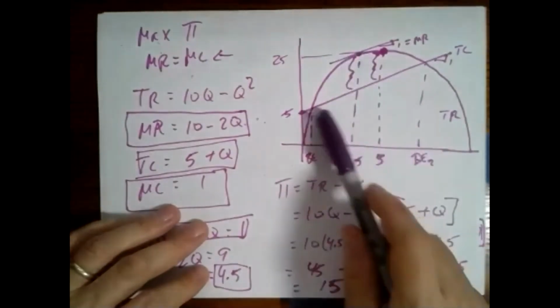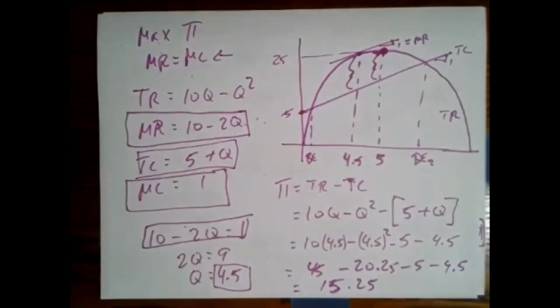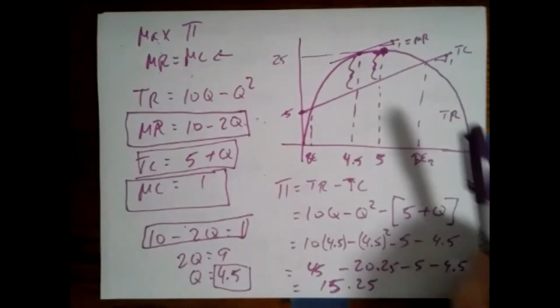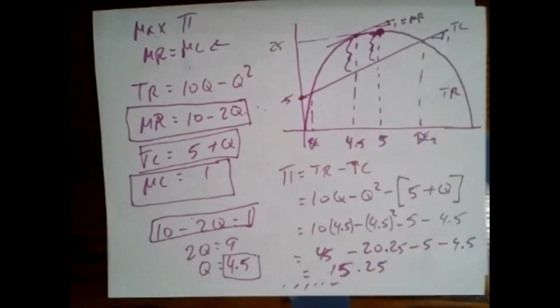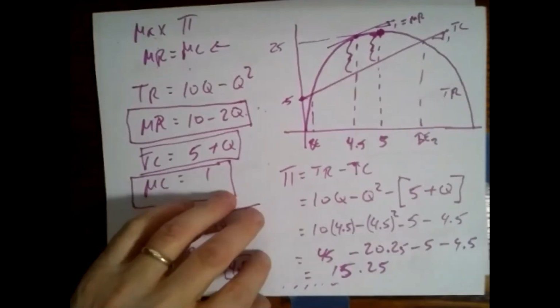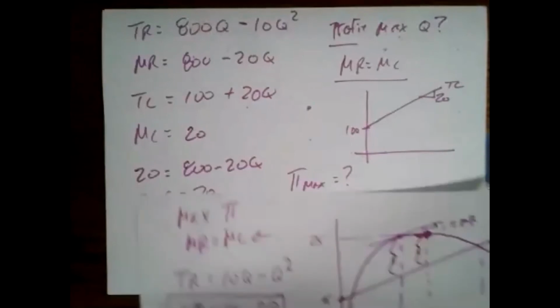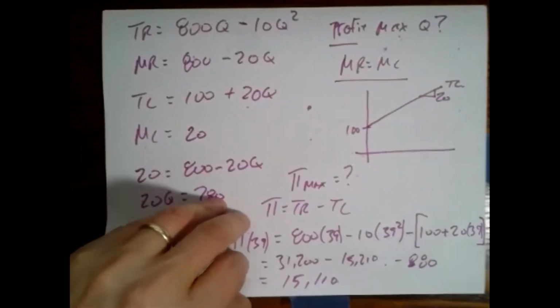So you're not trying to find the maximum revenue, you're trying to find the point where the distance between total cost and total revenue is maximized. So it's a slightly different problem. Does that make sense, Ariana? Okay, good.